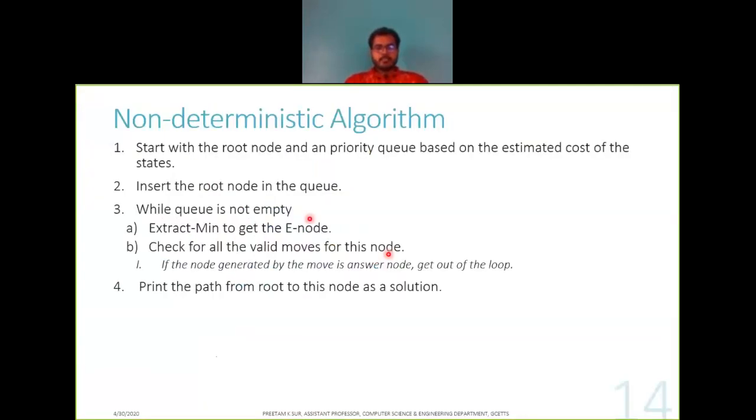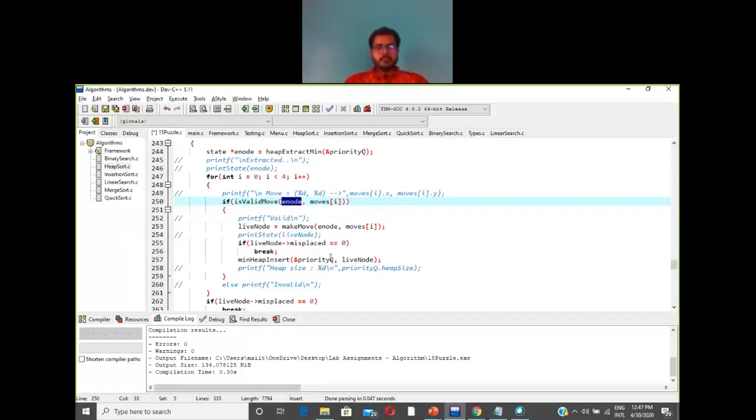We check whether each move is valid for this e node. If the node generated by the move is an answer node, how can we tell? The answer node is given by misplaced count being 0. If it is 0, we have the answer node and we break out of it. Otherwise, we insert this newly generated node into the priority queue, and then check whether the next move is valid and do the same thing.